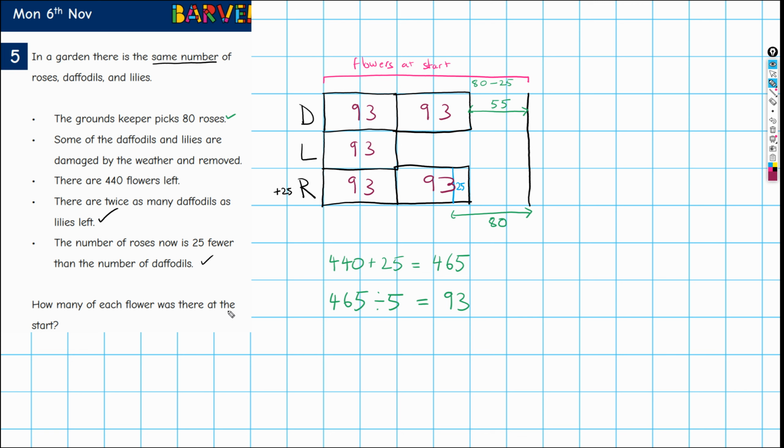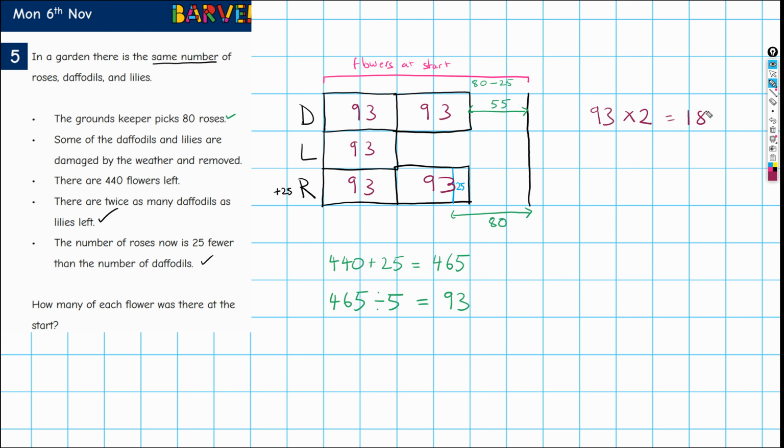How many of each flower was there at the start? Well, that's really easy to see now, because if we think of this as a part-whole bar, we've got this part is 93, this part is 93, and this part is 55. So what is 93 times 2?